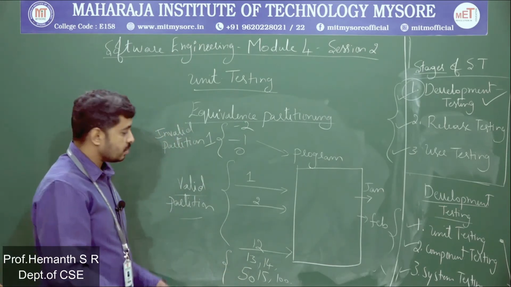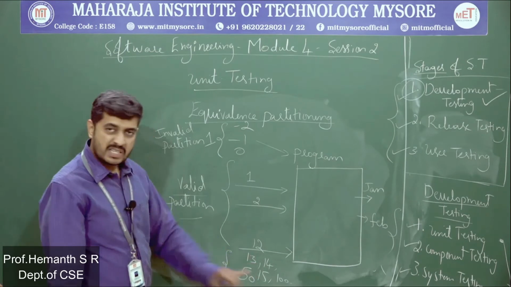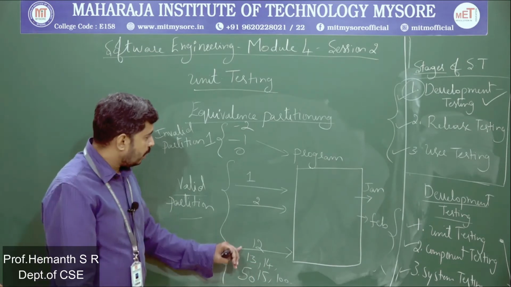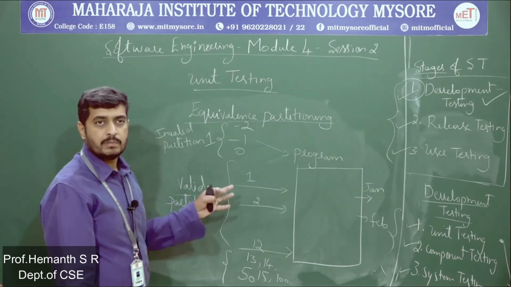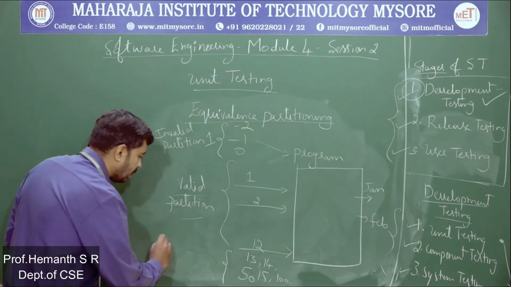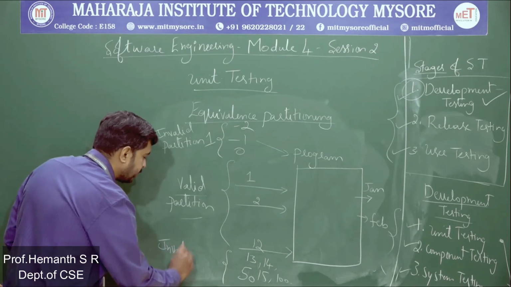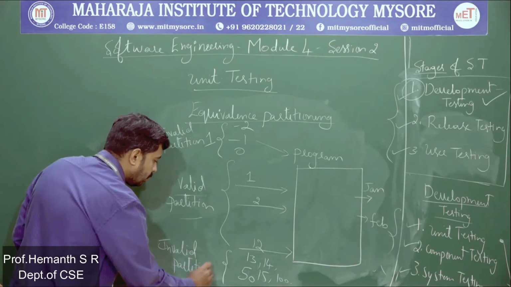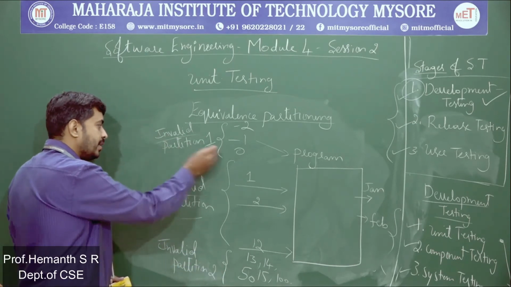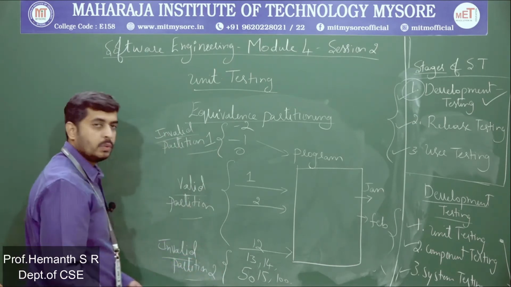Invalid partition 2 is the range above the maximum. Invalid partition 1 is the range below the minimum. So invalid partition 1 and invalid partition 2.